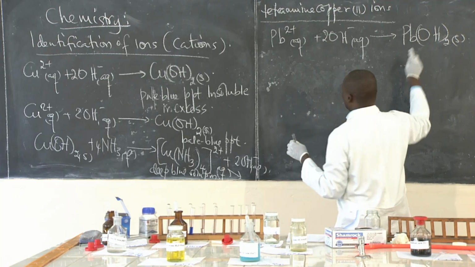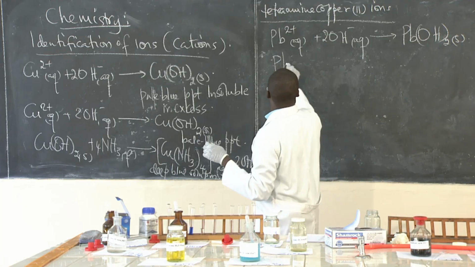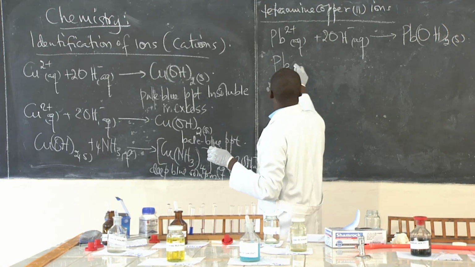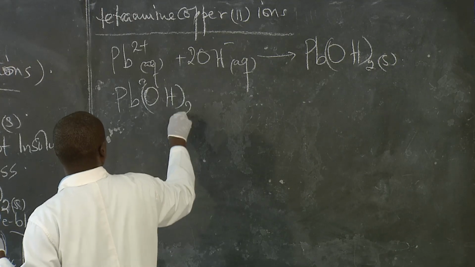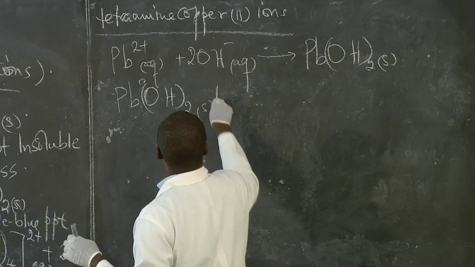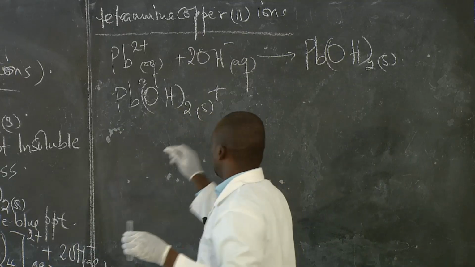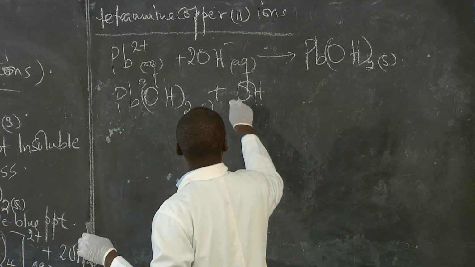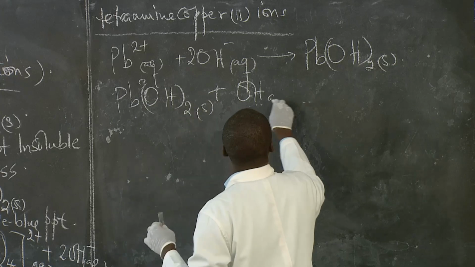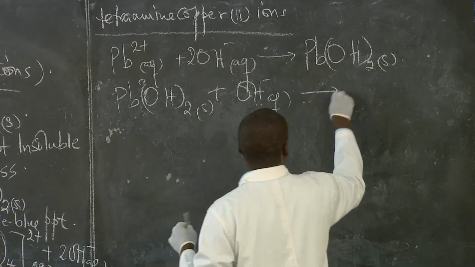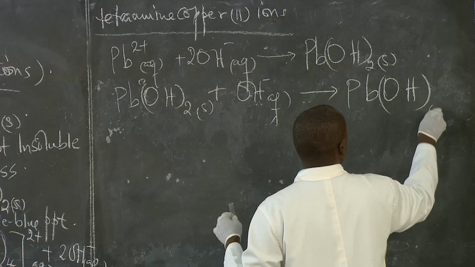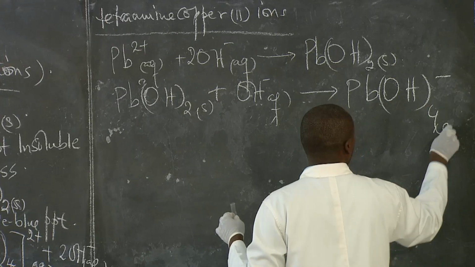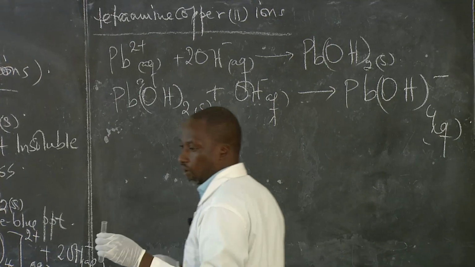Then this lead hydroxide dissolves in excess sodium hydroxide. This then forms this colorless solution that has been formed.